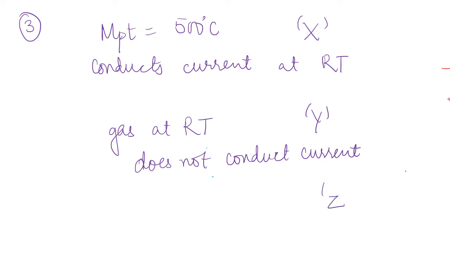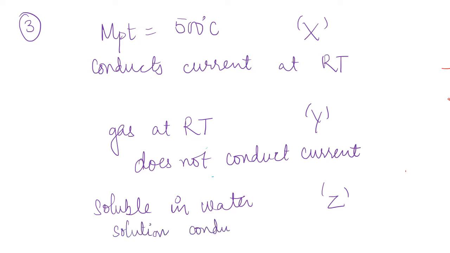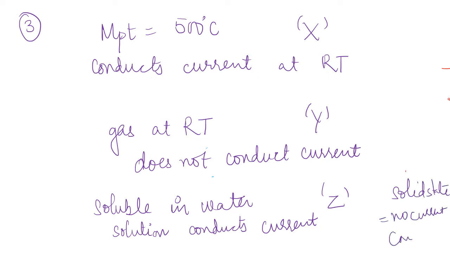Substance Z is soluble in water, and the solution conducts current. However, in solid state, Z does not conduct current, no current conduction, okay? But it melts at 1020 degrees Celsius to form a conducting liquid.